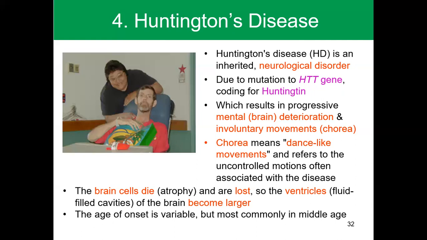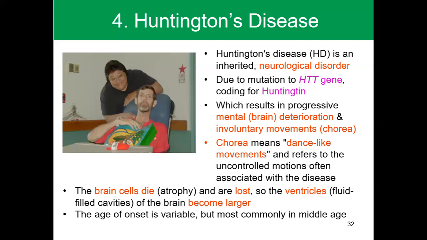Chorea means dance-like movement. That means you cannot control movement of your muscles, right? So this person will move maybe the hand or the jaw, or the eyes, and so on. Okay, so uncontrolled movement is often associated with Huntington's disease because the brain cells die.